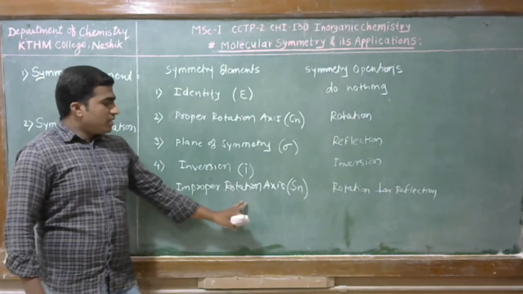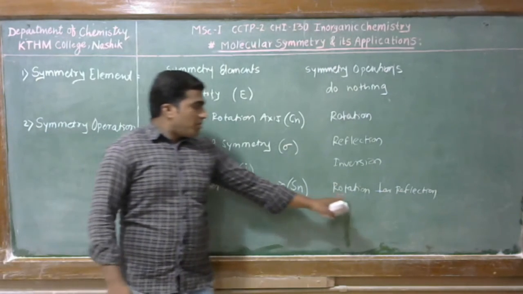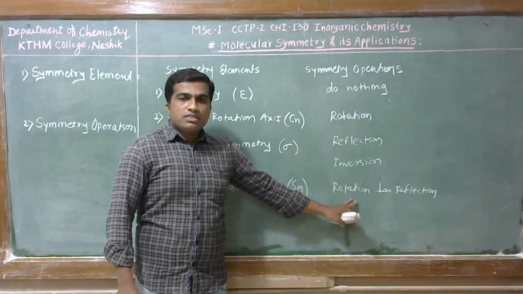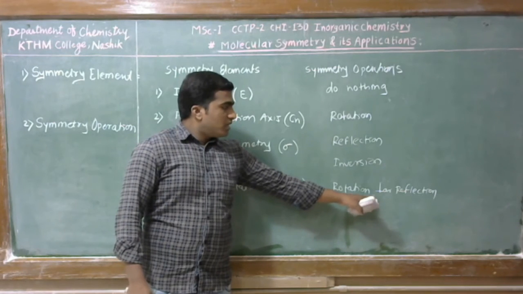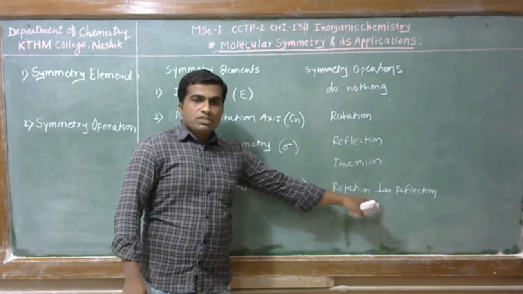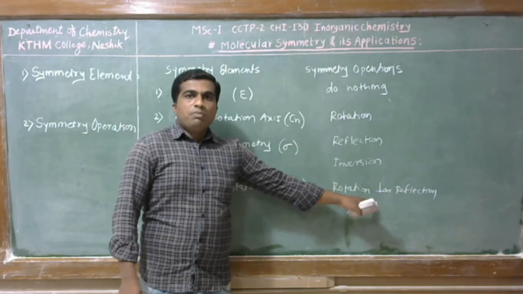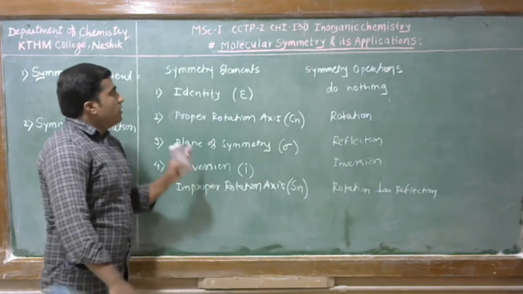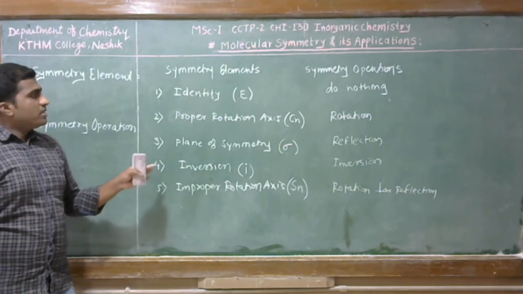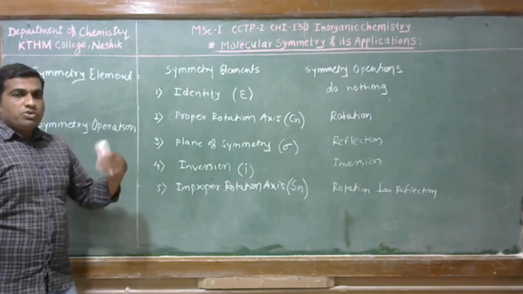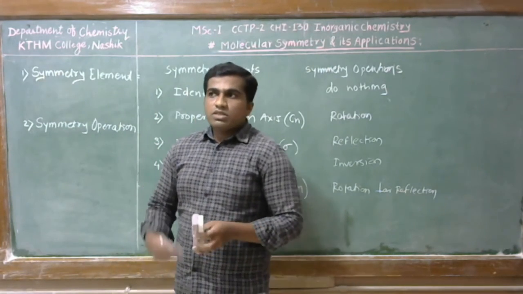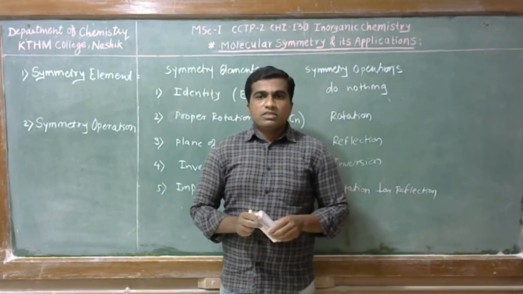So improper rotation axis is first of all rotation of the molecule about an axis through some angle, followed by reflection in a plane. So this plane is perpendicular to the rotation axis. So these are the 5 important symmetry elements.